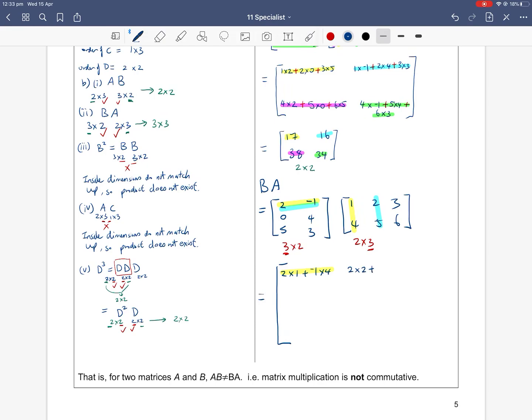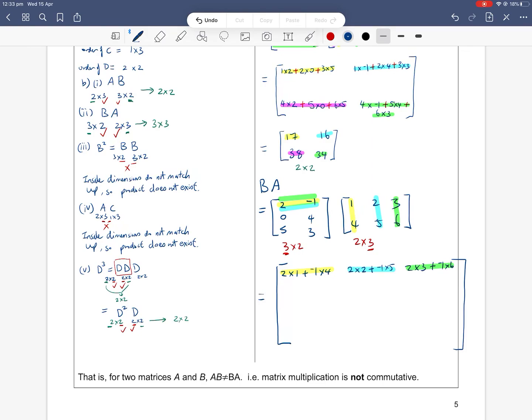So that's 2 by 2 plus negative 1 by 5. Then if we did row 1, column 3, we would end up with 2 by 3 and negative 1 by 6 in the row 1, column 3 entry. Do you see a pattern? Hopefully you see the pattern.